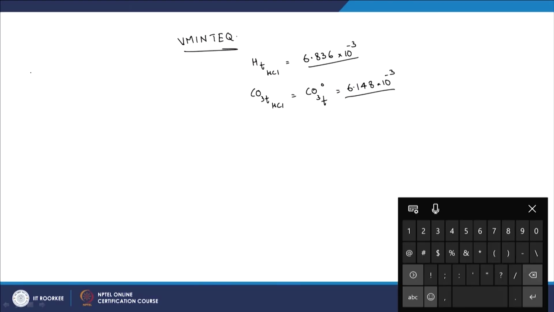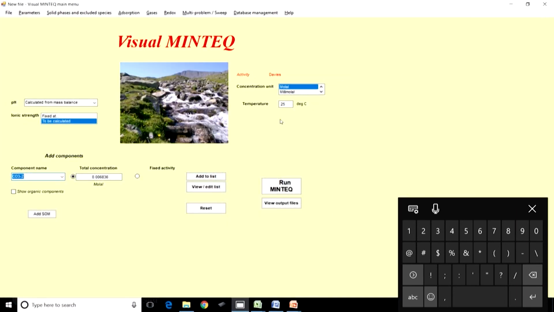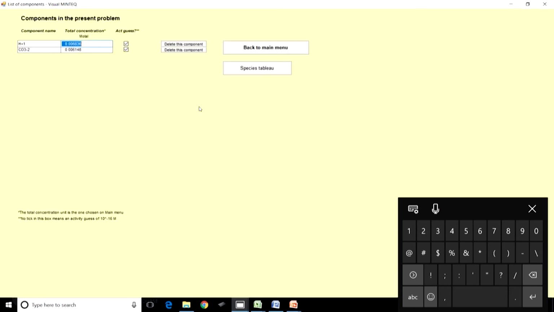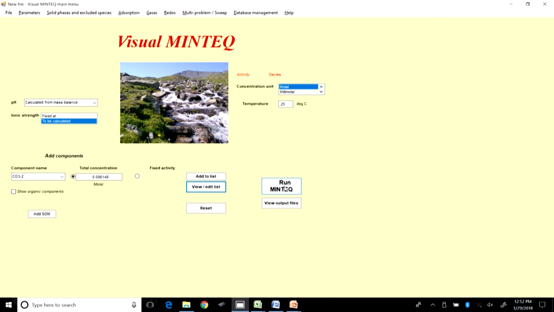So, now I need to check, it is 6.148 into 10 power minus 3, and I am going to add that to the list. So, view edit list, 6.836 into 10 power minus 3 and 6.148 into 10 power minus 3, and back to the main menu, right. And now I am going to run Visual MINTEQ.